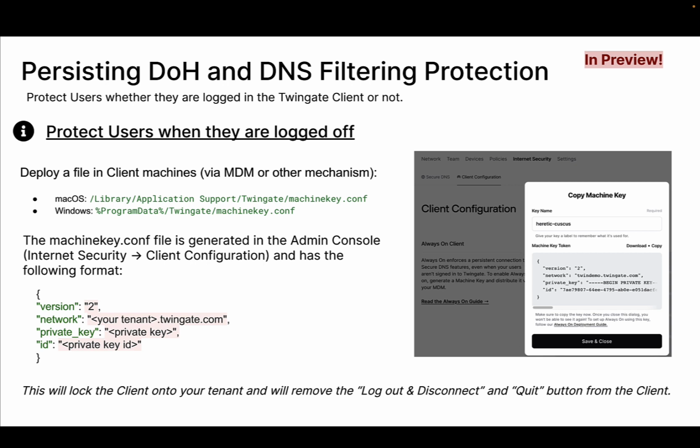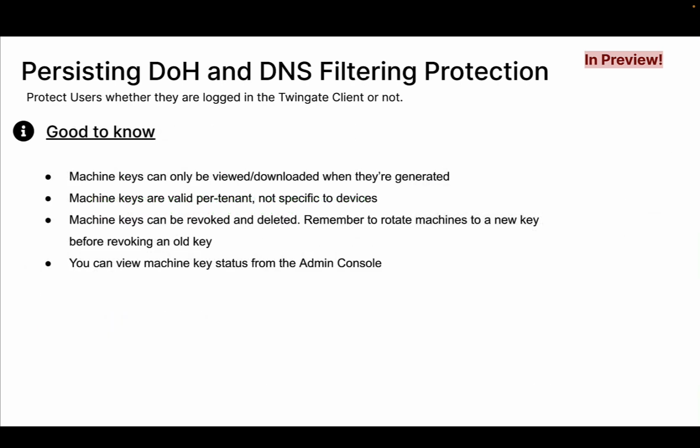So if the user starts their machine and they're connected to the internet, but they haven't logged on to the client, and you've deployed a machine key version 2, they will benefit from DOH and DNS filtering even if they're not authenticated.